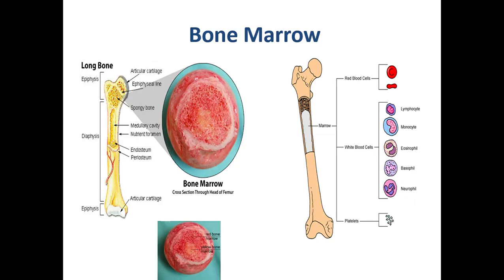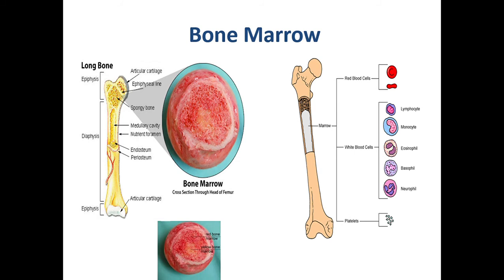We have here a slide wherein the bone marrow is illustrated using the long bone of the body, specifically the femur. The long bone is composed of two major parts, the shaft, which we call the diaphysis, and the end portions, which we call the epiphysis.